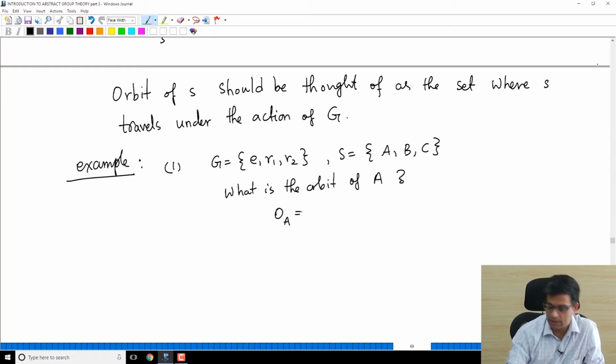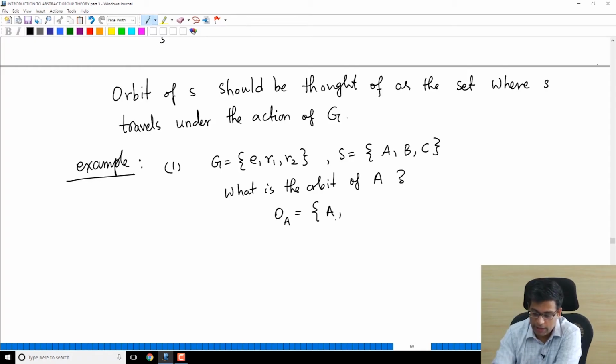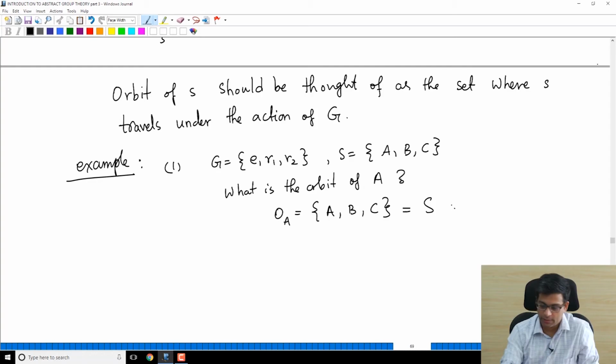Now if you go back and see the action, A will always be in the orbit because identity A will be A, and R1 A was B, R2 A was C. So orbit of A in this case happens to be S, right? Similarly, this is also the orbit of B and orbit of C.